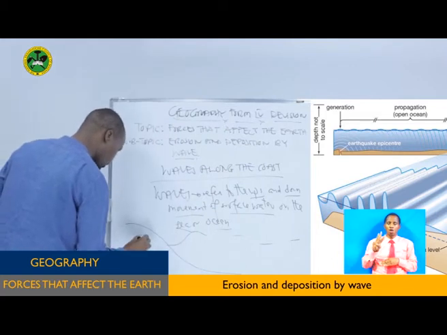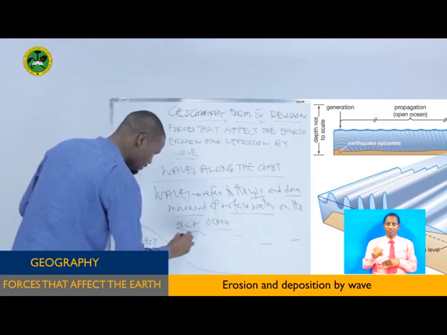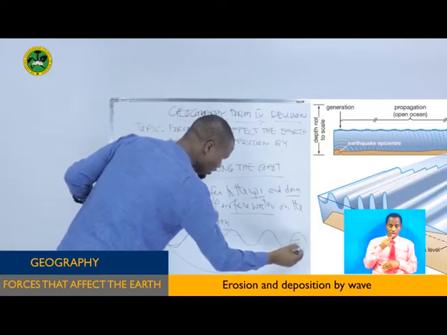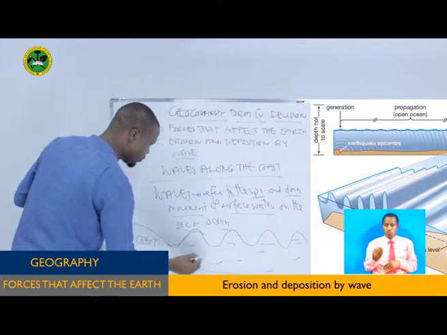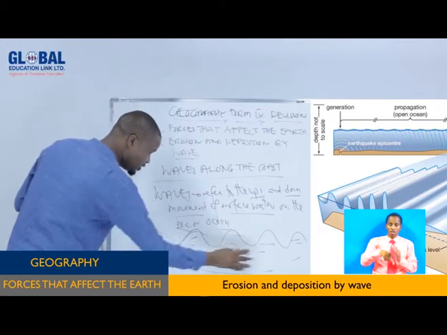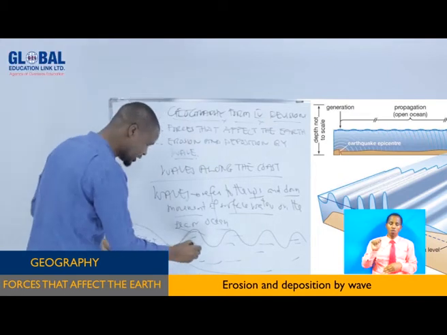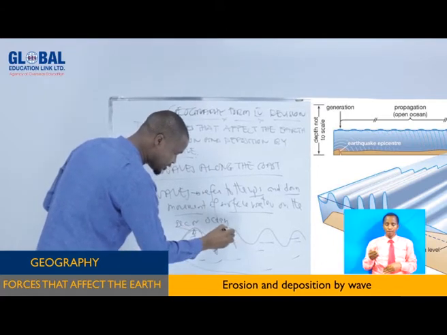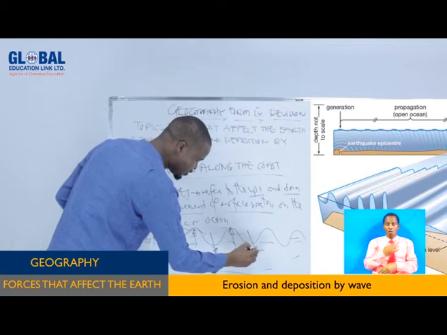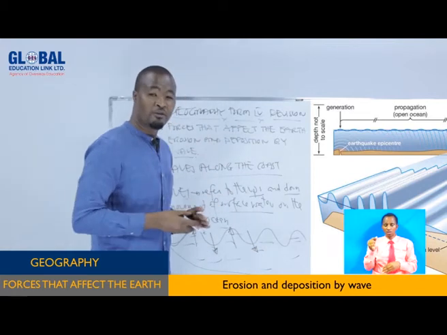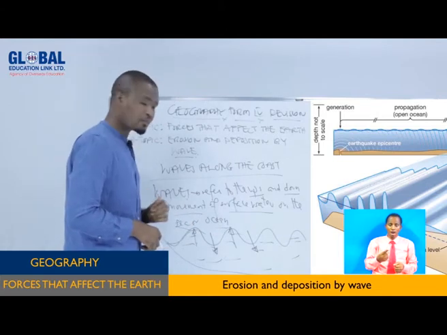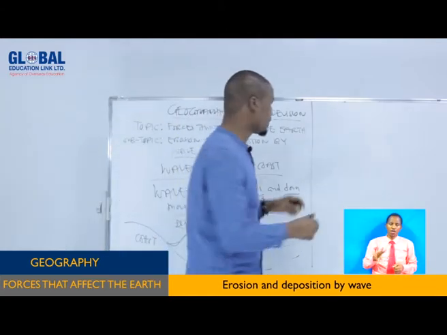Then we have the up and downward movement of the surface water on the sea or ocean. As you can see right now, this is ocean water, and there is up as well as downward movement of the surface water. We call this movement what? Wave.